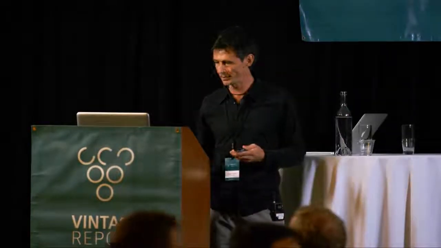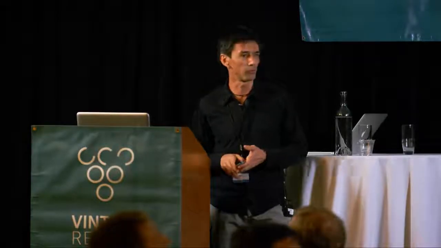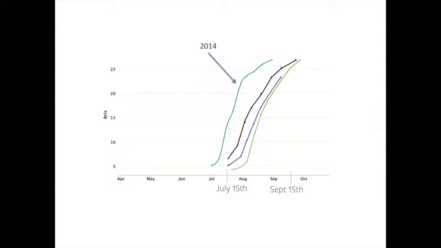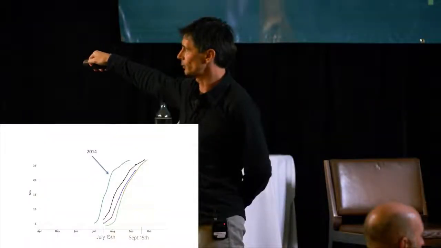So in this context, let's see what's specific about the vintage 2014. Here, we presented the time profile of Brix in 2014 versus three earlier vintages in that same vineyard. And what's striking here is that the 2014 vintage stood apart by its earliness in terms of sugar accumulation.